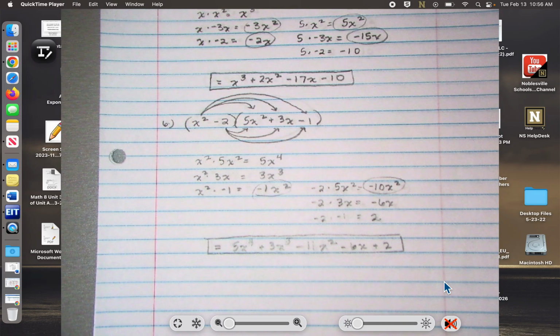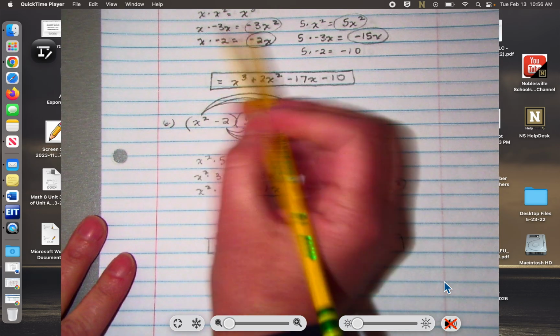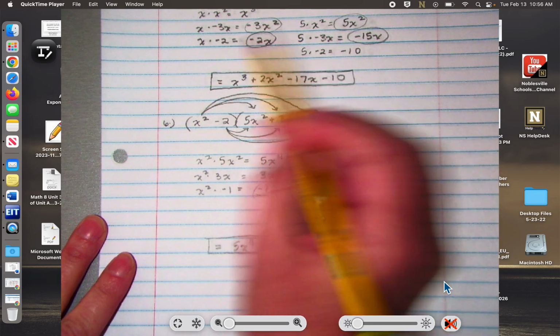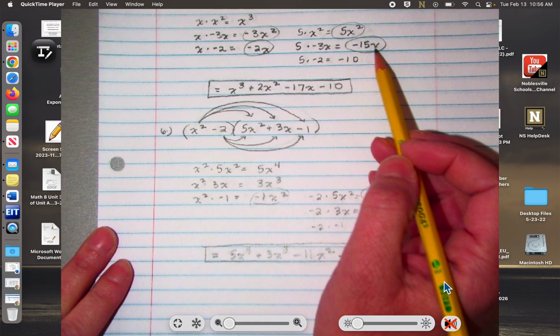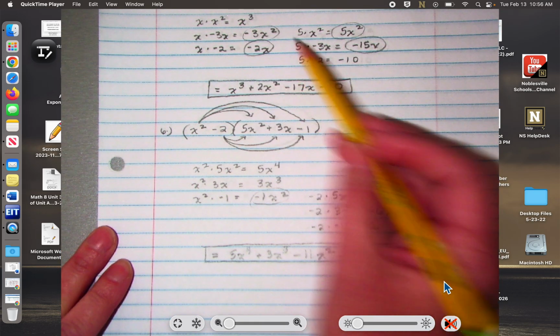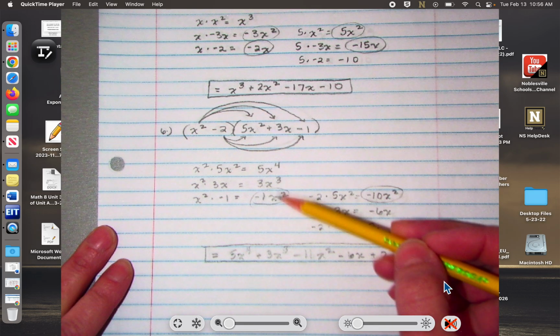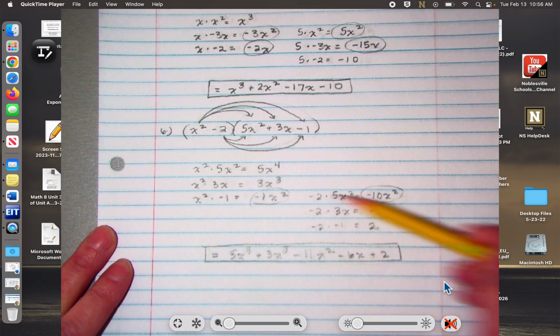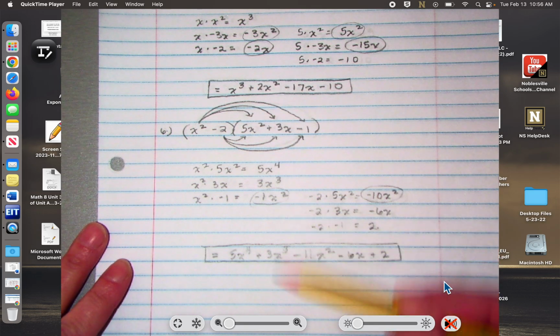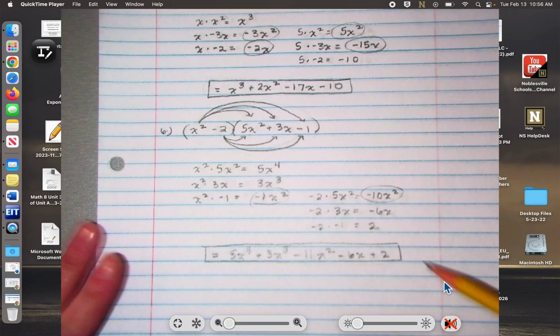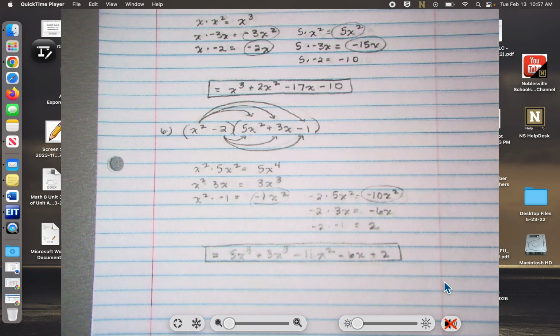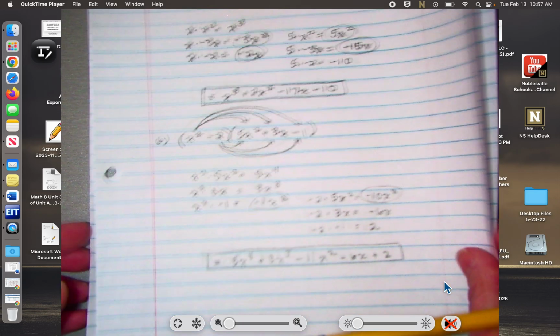So we kind of had to stagger where we put each multiplication, and then we made sure these lined up because they have the same variable and degree. And then down here we did the same thing, and we only had one pair that lined up, so we ended up with this very long answer for a polynomial, and that's fine, we survived, right?